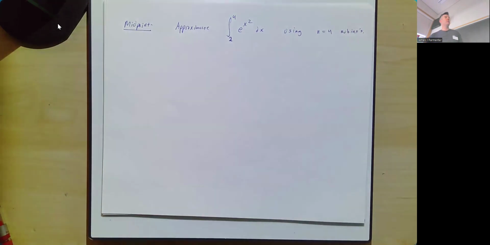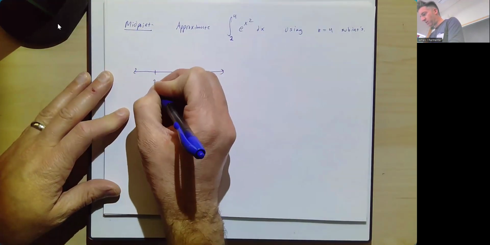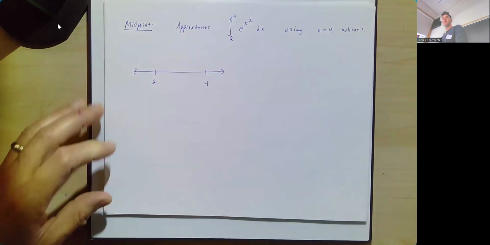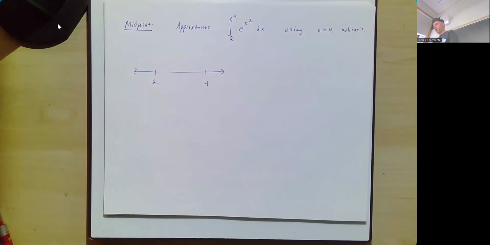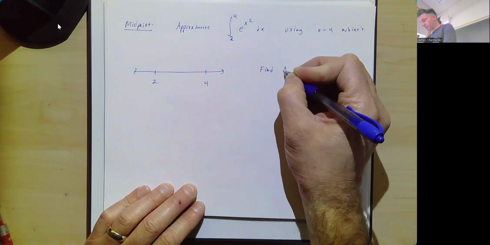And honestly, I think the easiest way to find the midpoints is to draw the x-axis. Don't worry about the y-axis of the function, but draw the x-axis. So we're going to go from 2 to 4 and give yourself plenty of space. There we have 2 to 4. All right, I want all of you very quickly to find what delta x is supposed to be for this problem.